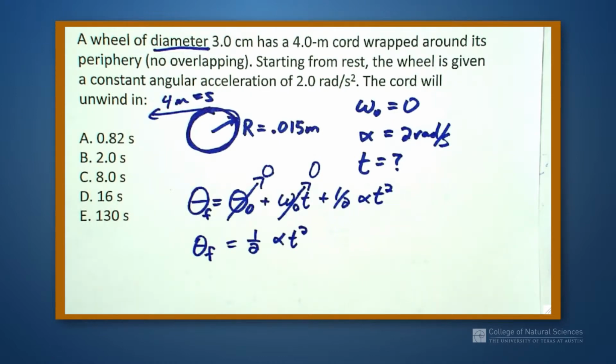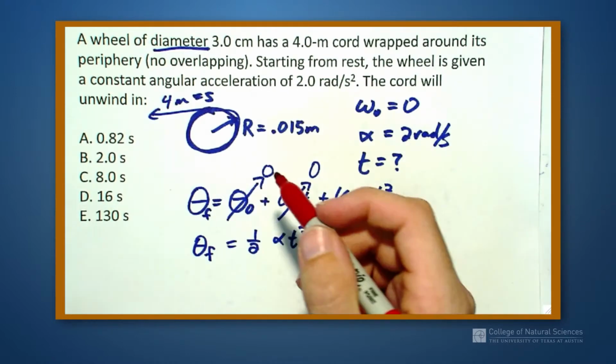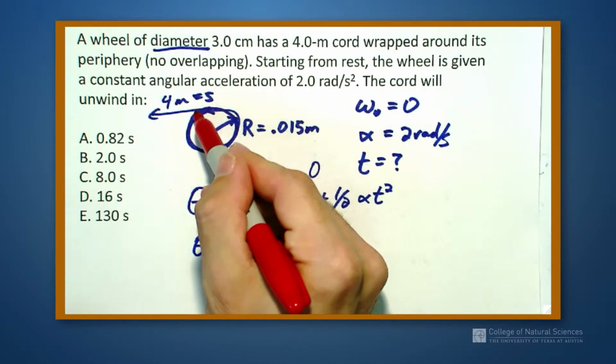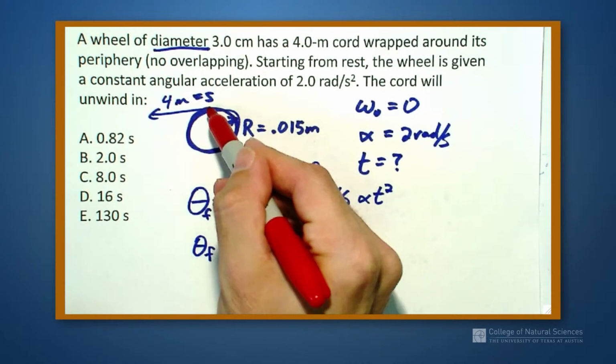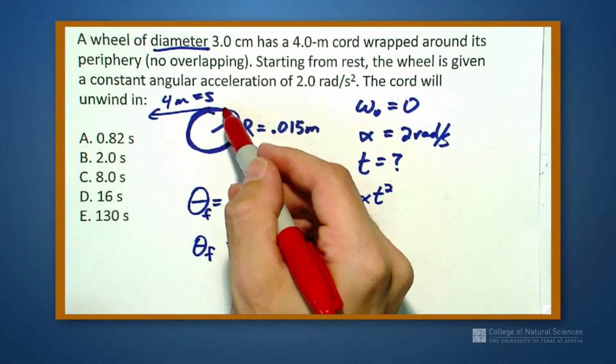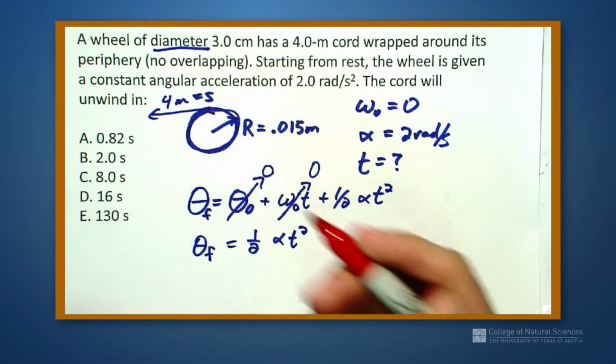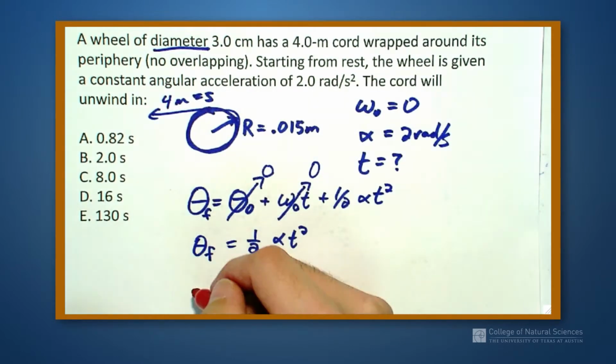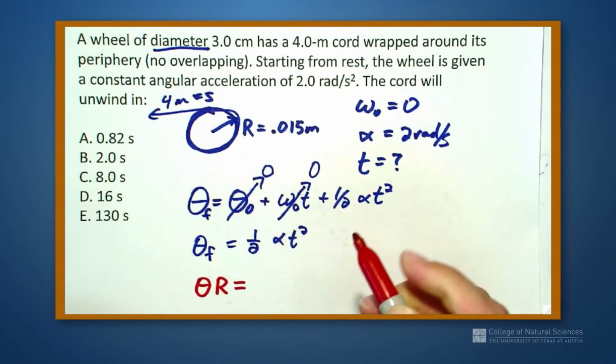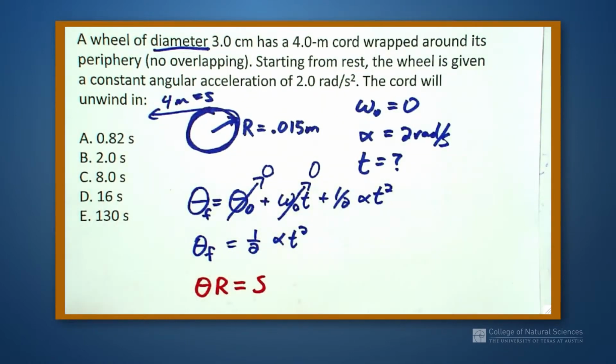So I'm going to look at a different equation. I know that if this thing unwinds, for every time it unwinds, I get 2 pi r amount of string that unwinds off of it. Or I remember the equation that theta times the radius is equal to the path length that goes off.